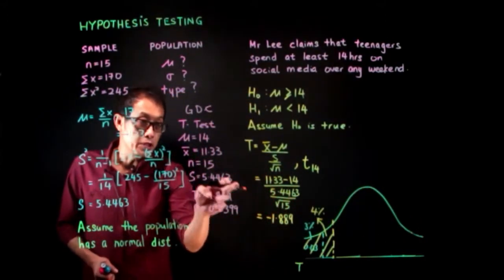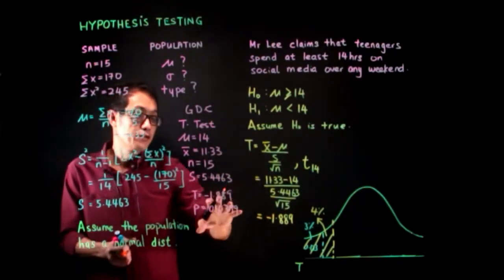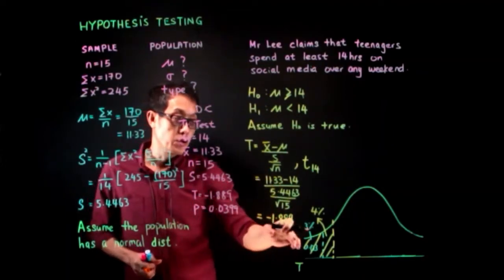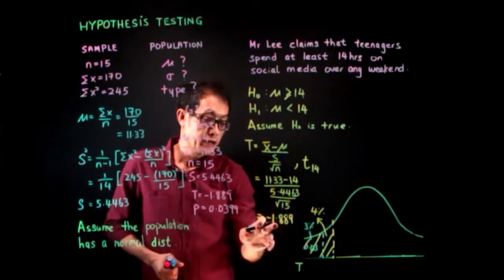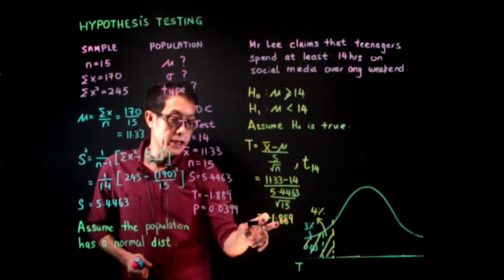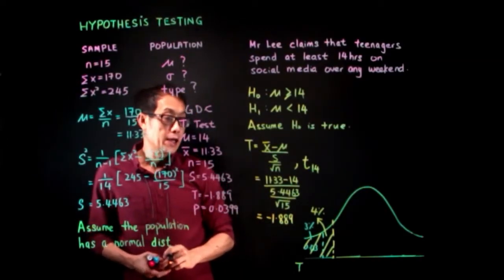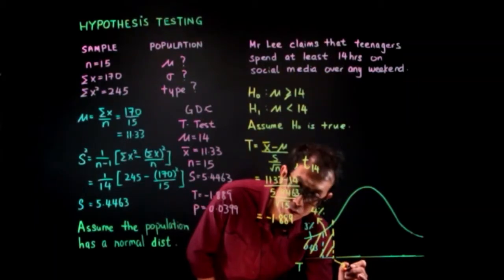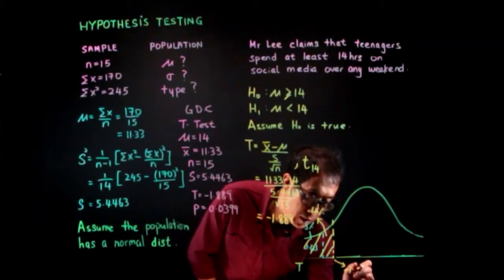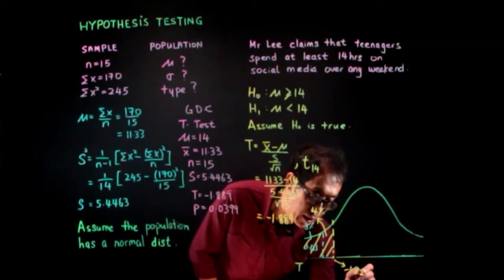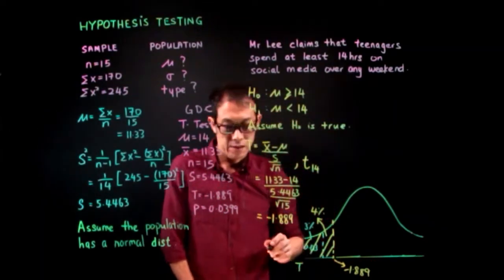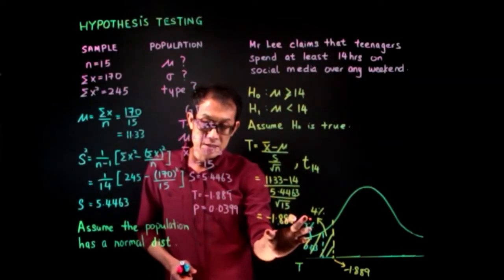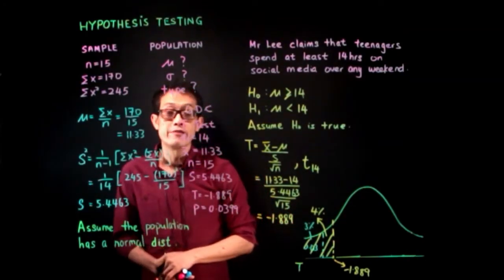So your 11.33, we have transformed it to a t distribution. This is your x bar. We have transformed it onto a t distribution curve, so it corresponds to minus 1.889. So this is your value here, minus 1.889. So your t statistic corresponds to your p-value.